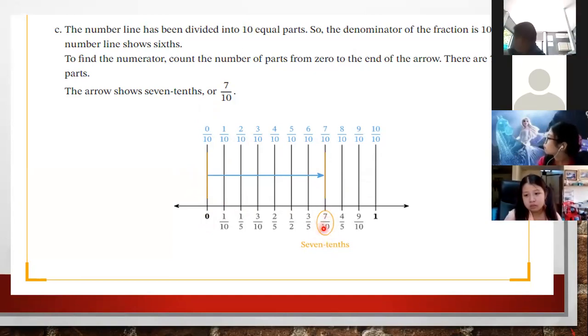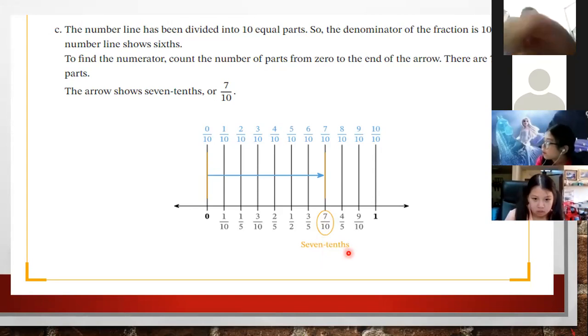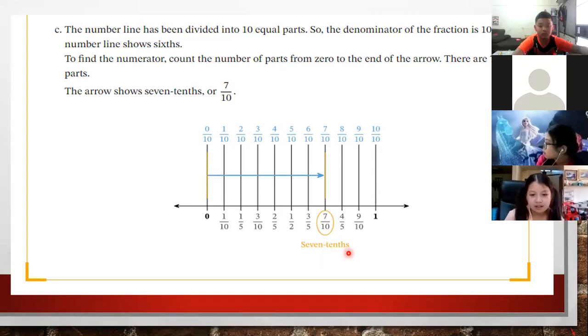So how do you read this? How do you read this? 7 tenths. Okay? Everybody say 7 tenths. Okay. 7 tenths.